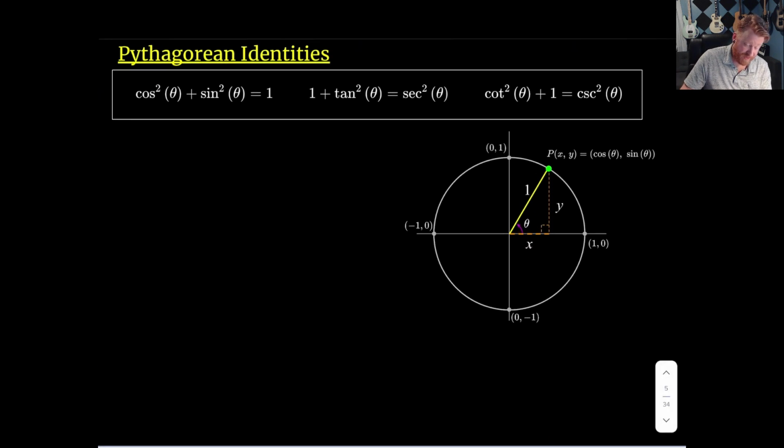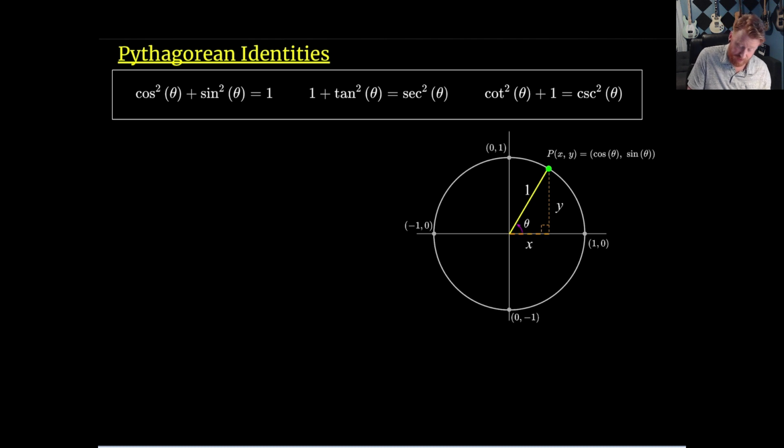Next, we'll talk about the Pythagorean identities. So the first two here we talked about in terms of right triangle trig. Here we're going to use the unit circle to talk about these. It just makes more sense. The way that we defined sine and cosine on the unit circle was that the cosine was related to this x value here.